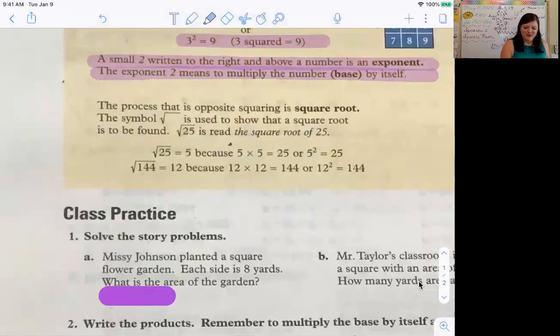That is read the square root of 25. Hey, that's the one that we just did. The reason why the square root of 25 is 5 is because 5 times itself equals 25, or we could say 5 squared is equal to 25.